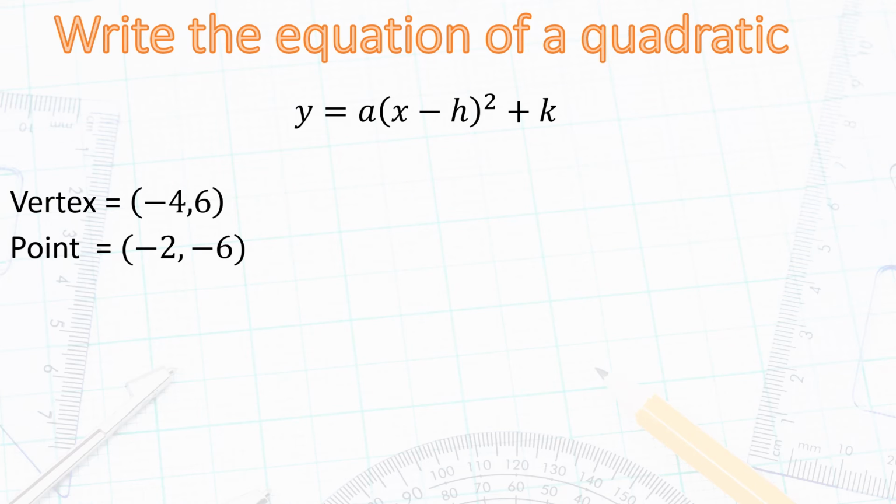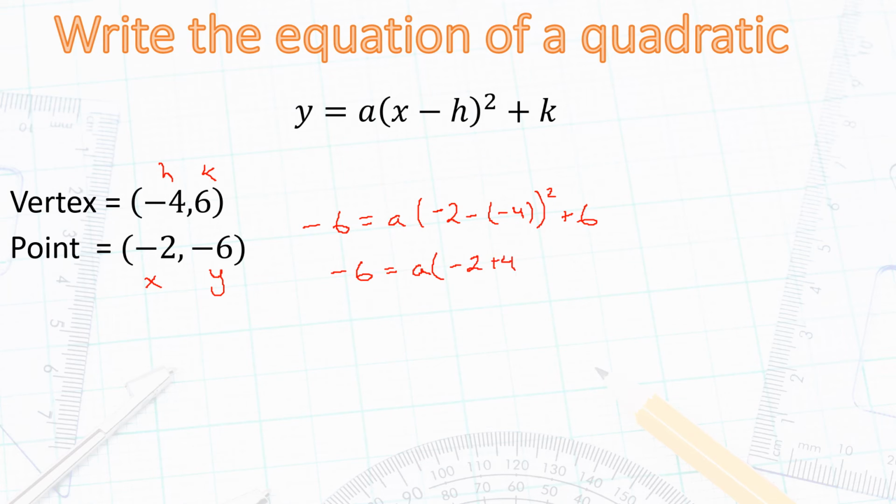All right, let's try it again. New vertex, new point. So we got h is -4, k is 6, x is -2, y is -6. -6 equals a times x is -2 minus -4 squared plus 6. -6 equals a times -2 plus 4 squared plus 6. So that double negative became a plus. -6 equals a times (-2 plus 4 is 2) squared plus 6.